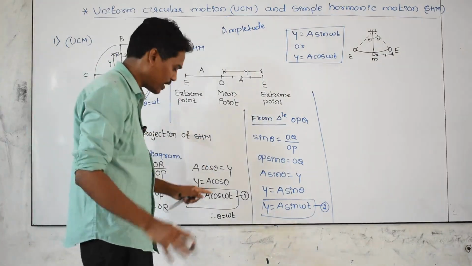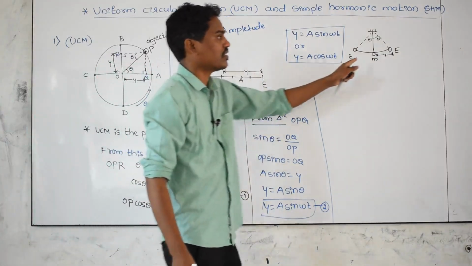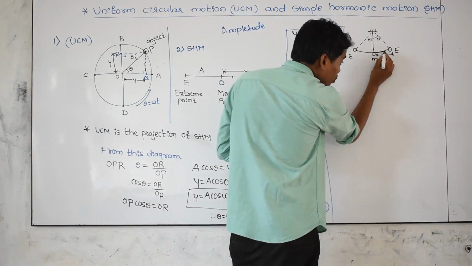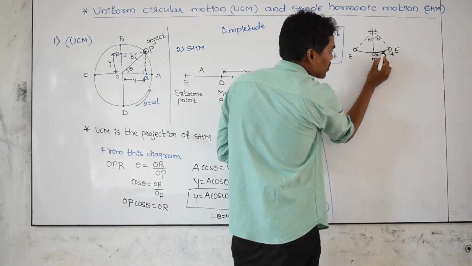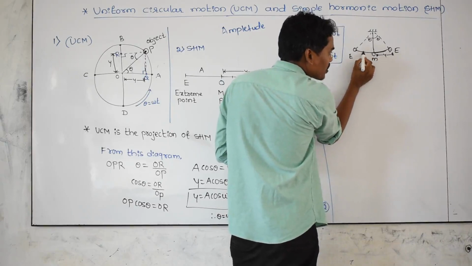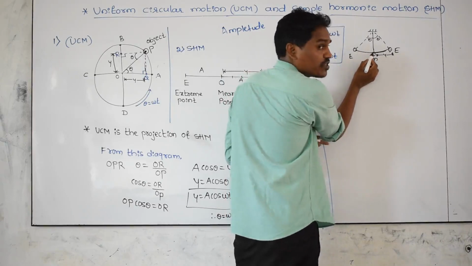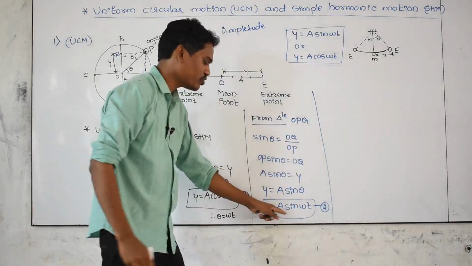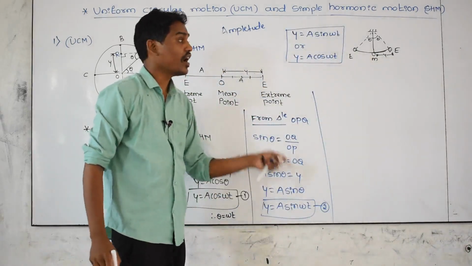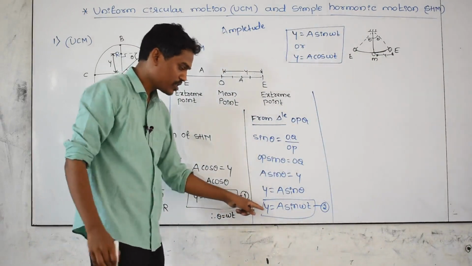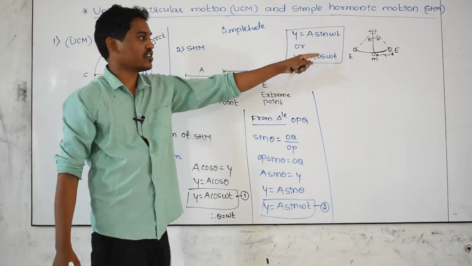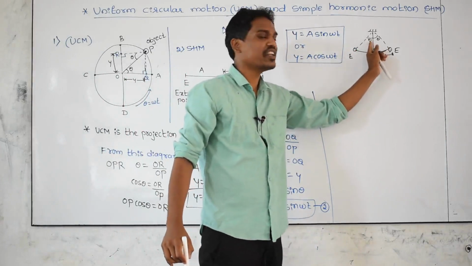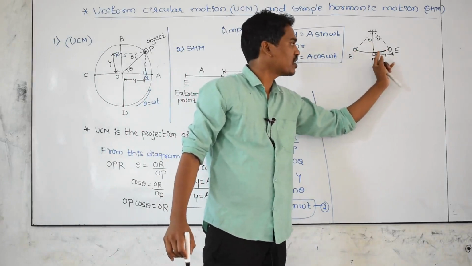If you want to find out the displacement of the body from the mean position, in this direction or in this direction, then you can use this equation. This is simple harmonic motion because theta is very small, so the path is almost a straight line.